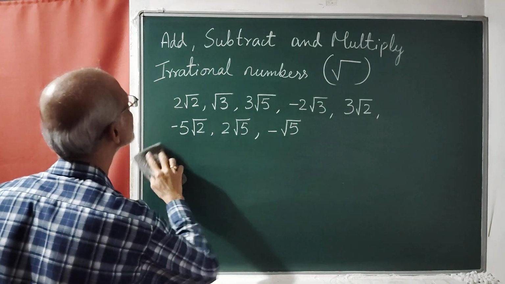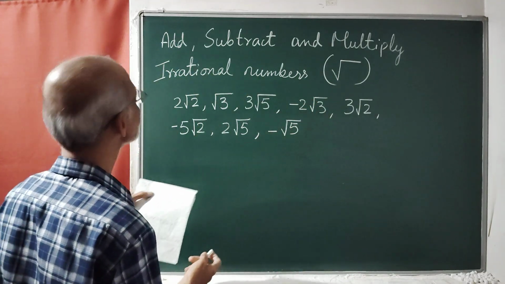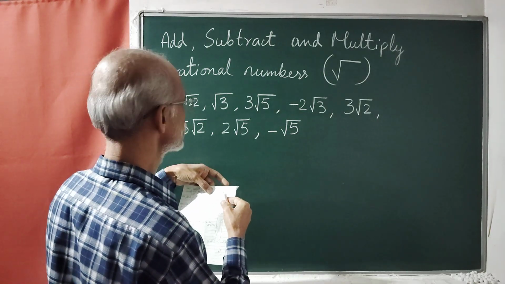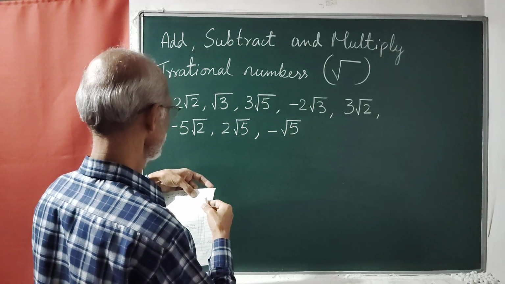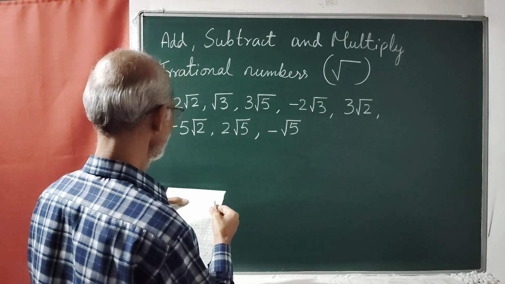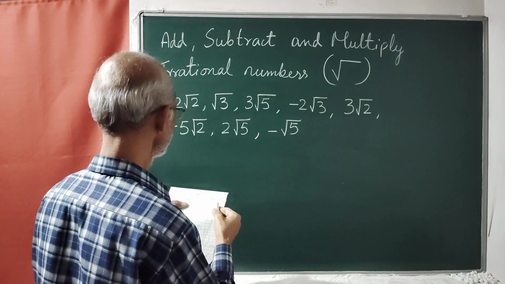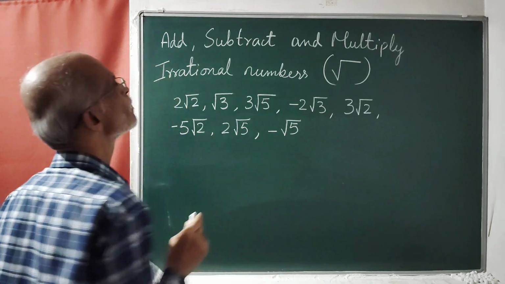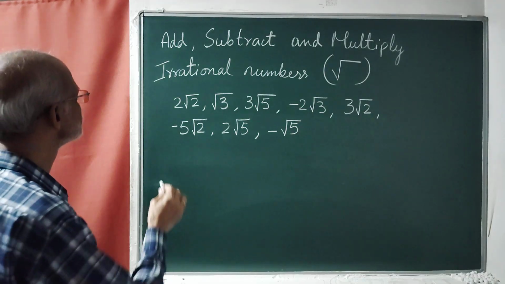I have forgotten some terms here. 2 root 2, root 3, 3 root 5, minus 2 root 3, 3 root 2, minus 5 root 2, 2 root 5, minus root 5. So now we will see what are like terms.